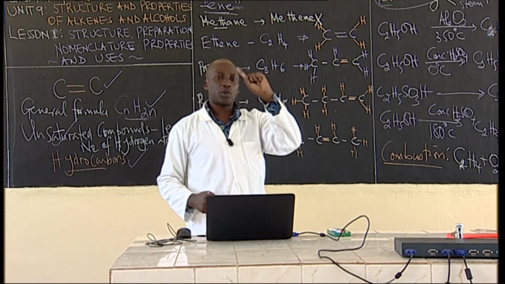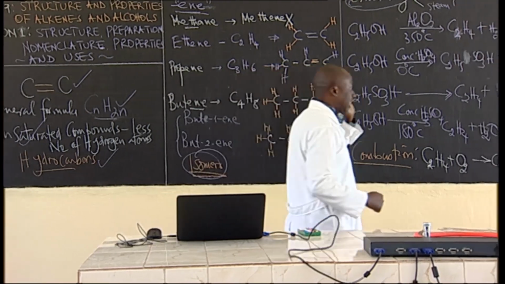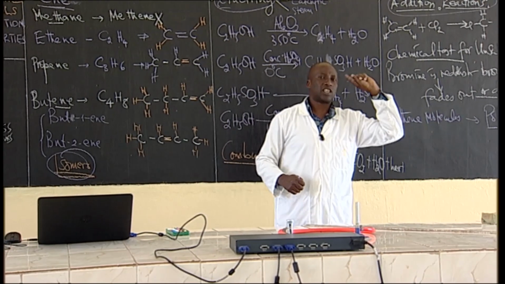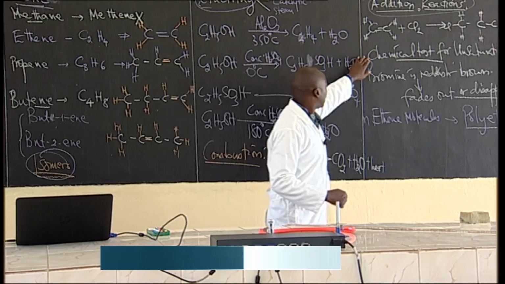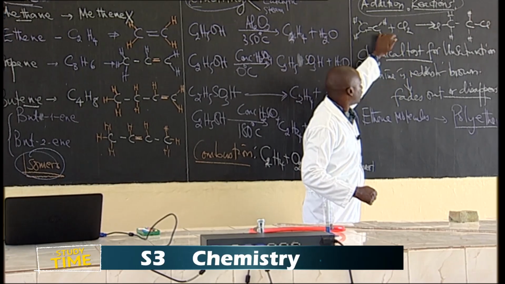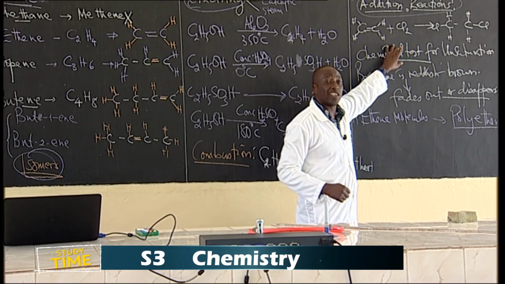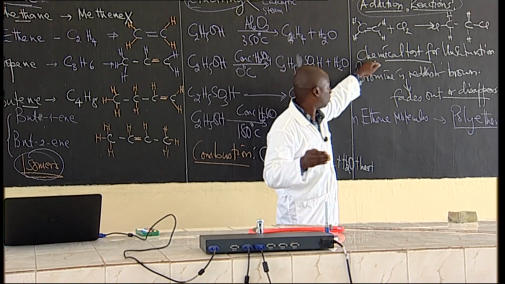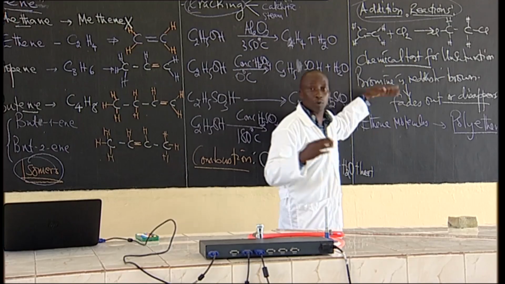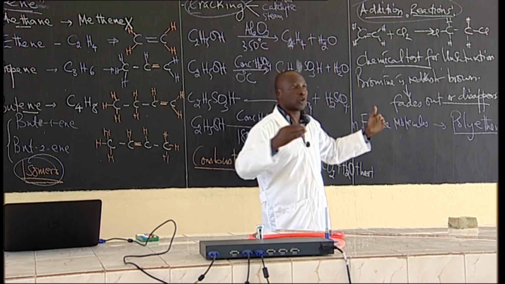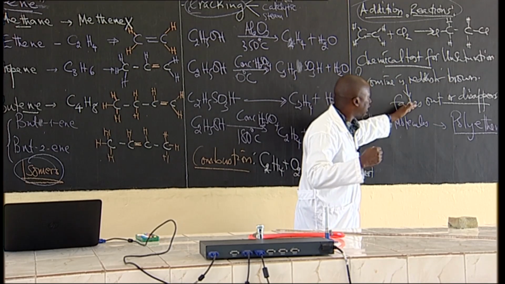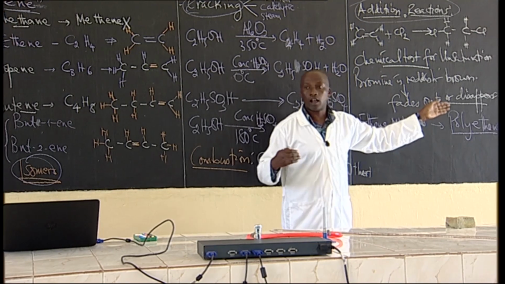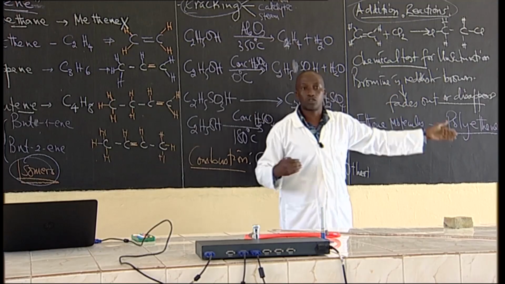And something that you should also remember is that the reaction of chlorine and bromine is used as a chemical test for unsaturation. Bromine is reddish brown, so it will change into colorless if alkene molecules are passed.